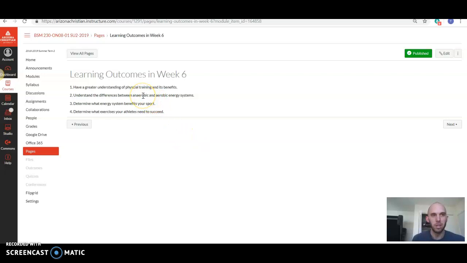Anaerobic, obviously, shorter bursts of energy. So, football, weightlifting, stuff like that. Aerobic, long bursts of energy, cross country running, that sort of thing. And some sports require both of these.